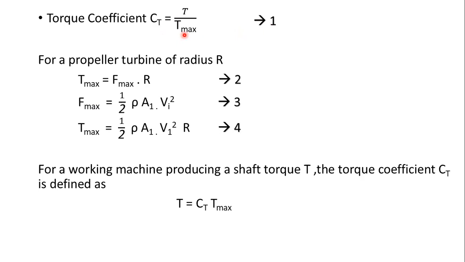If you see the previous sections, what we have discussed, in previous sections we have discussed the forces on the blade and thrust on turbines. When we were discussing these forces on blades and thrust on the turbines, we discussed the circumferential force, axial force, like that.